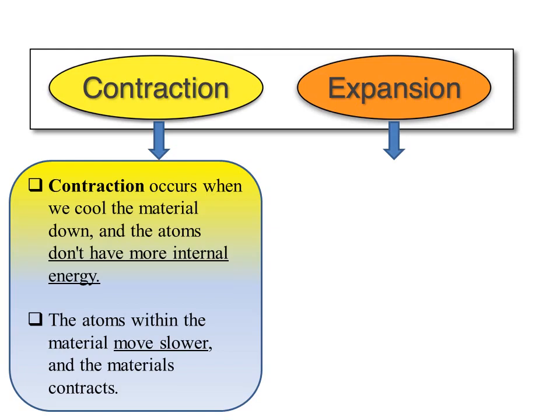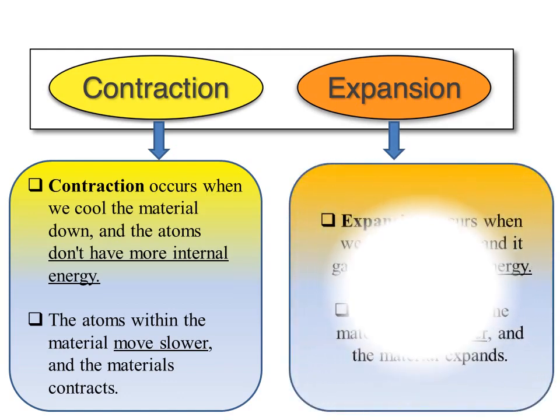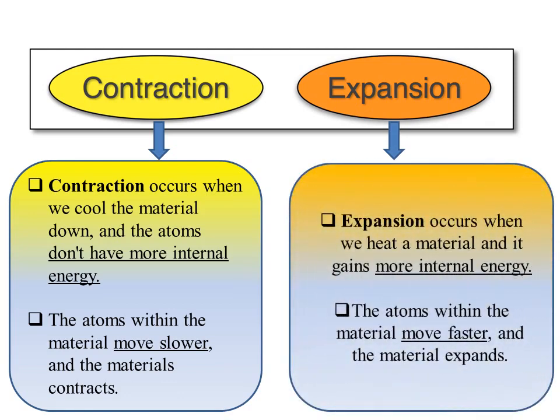The atoms within the material move slower and the material contracts. So this happens during contraction. Now we will see what happens during expansion. Expansion occurs when we heat a material and it gains more internal energy, and the atoms within the material move faster and the material expands.